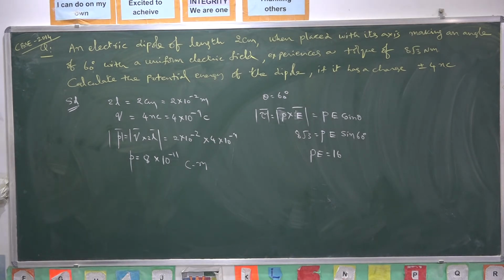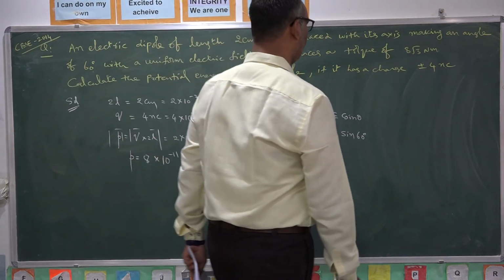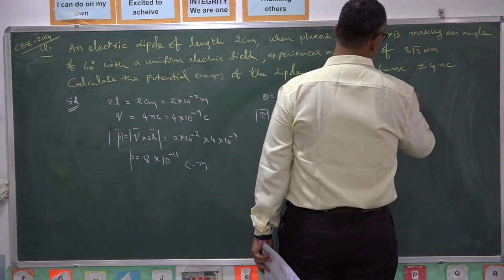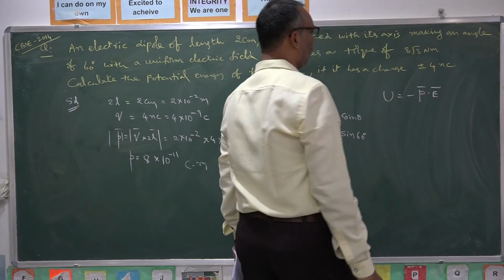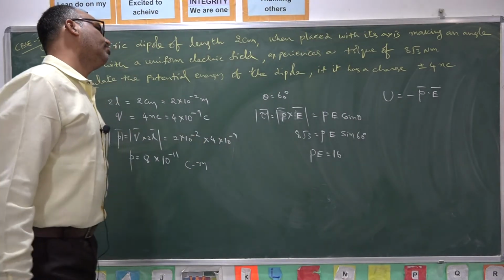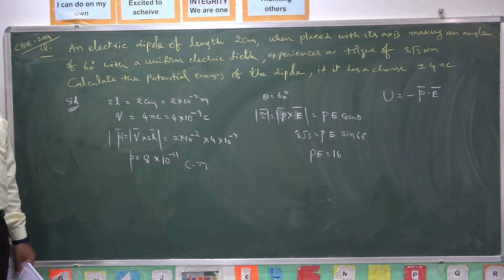Now we require the potential energy of the dipole. Potential energy of the dipole is nothing but minus P bar dot E bar. Why minus? The two charges, one has positive charge, another has negative charge. They will attract each other.